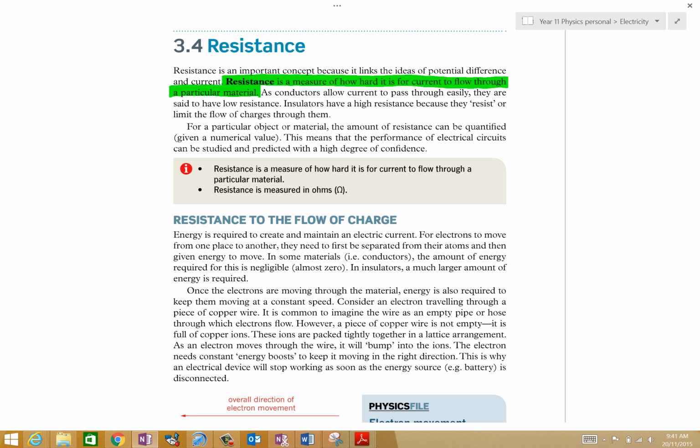Absolutely. Now it's measured in ohms, and of course ohms comes from George Ohm, I think it was in the 1700s. I'm not sure if it says it there, but George Ohm, I believe he was German, and he had a lot to do with proving that there was a relationship between voltage, current and resistance.